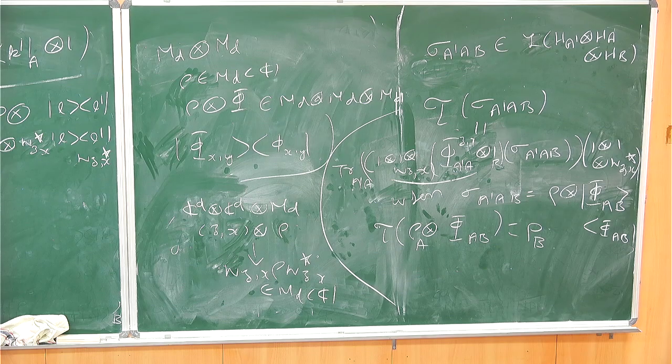So W ZX acting on K prime. This is the A prime component. The A component has gone. Then W ZX and W ZX star will come here.